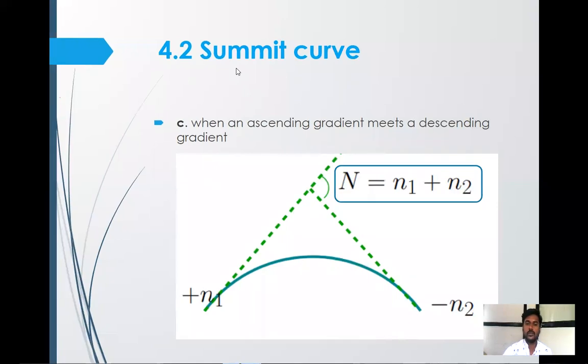Third case, when an ascending gradient meets a descending gradient.